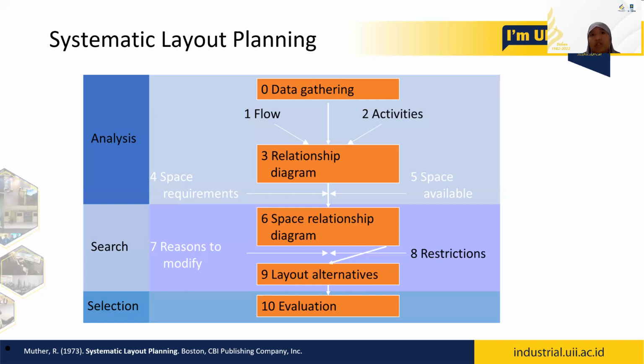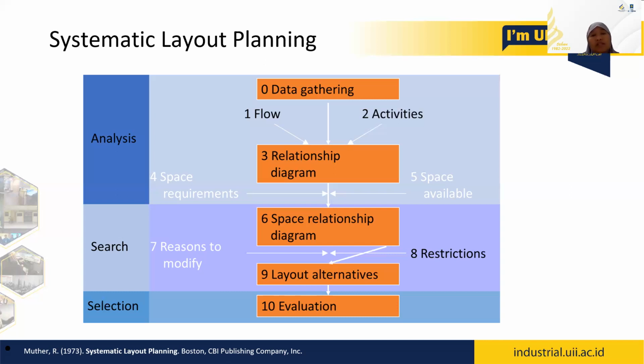So aside from the production department, for example, you will need a warehouse, maybe you will need a specific space for receiving or shipping. Maybe you also will need a cafeteria or meeting room or administrative rooms and so on and so on.